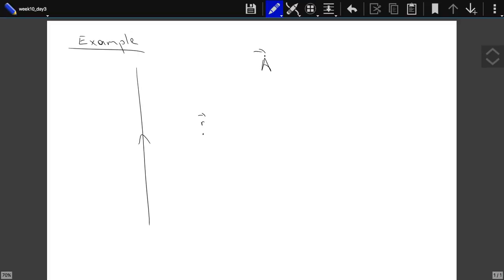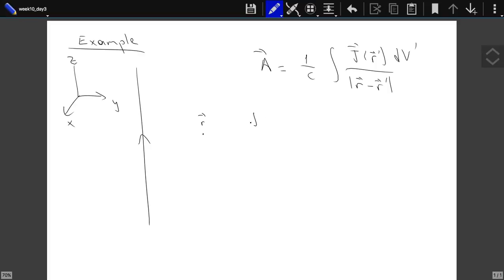If you remember, the expression for the vector potential was 1 over c times the volume integral of J(r') over |r - r'|. Well, it just looks like the scalar potential, the only difference being the charge density is replaced with the current density. Now, in this problem, let's choose our axes x, y, and z.